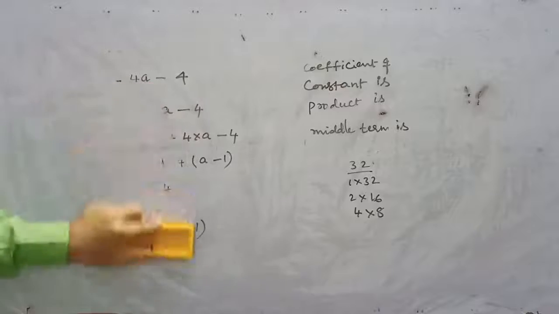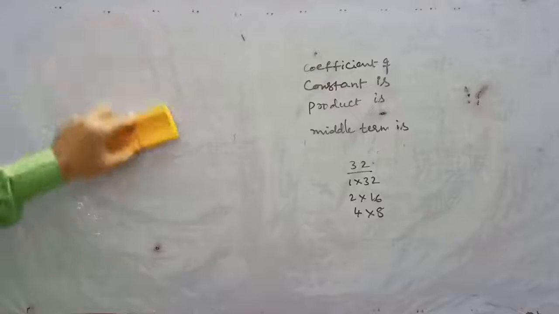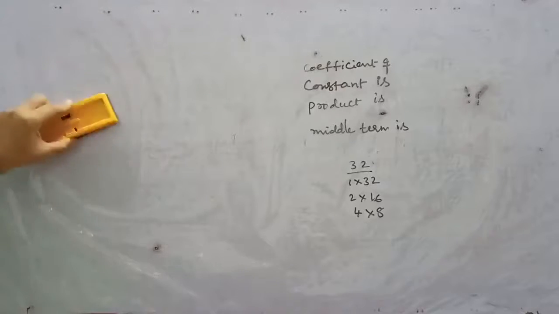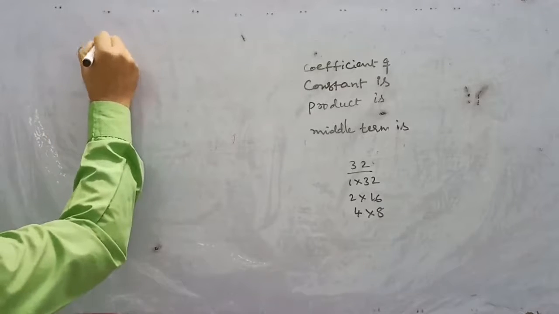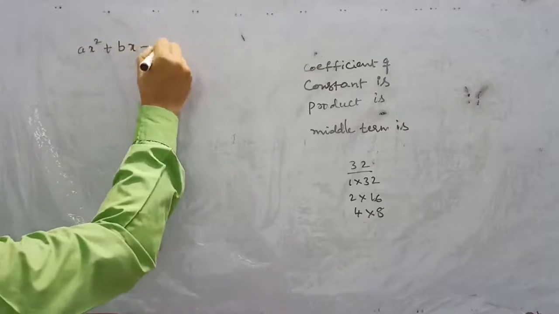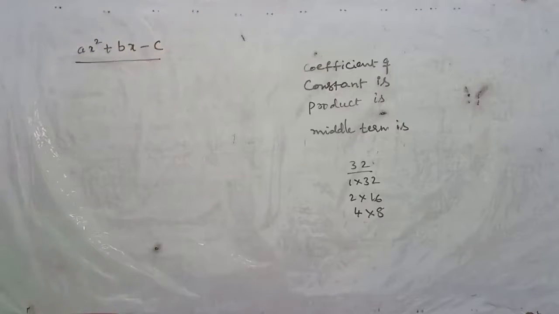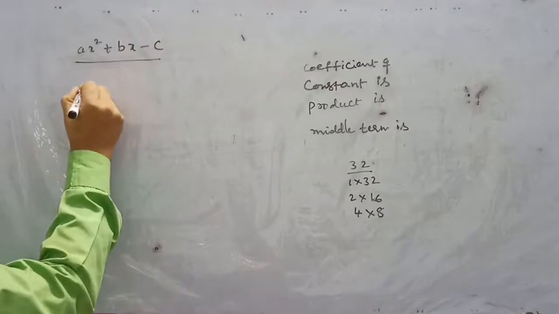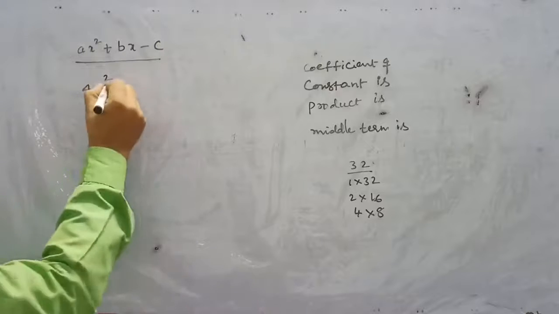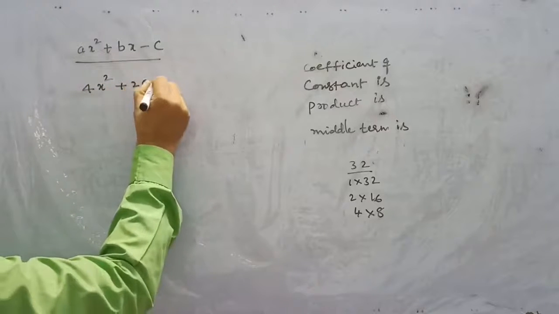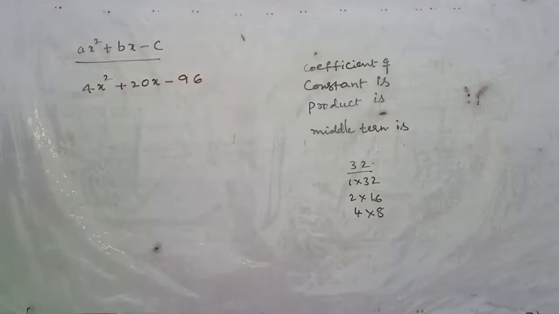Next one. Another model, ax square plus bx minus c. Okay, ax square plus bx minus c. Suppose example 4x square plus 20x minus 96. 4x square plus 20x minus 96.